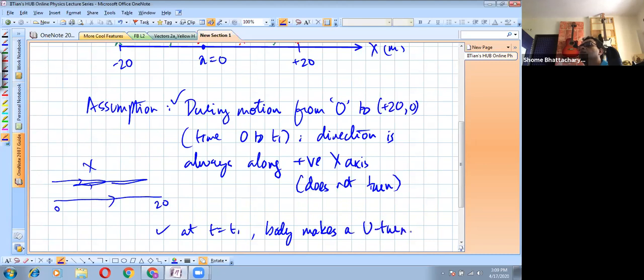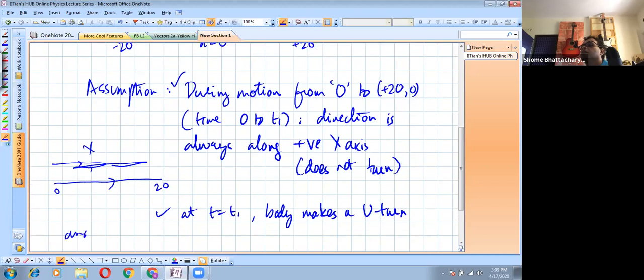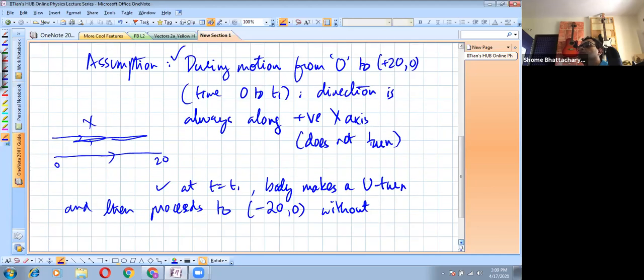And then proceeds to this point, minus 20 comma 0, again without turning in between, this time from t1 to t2.